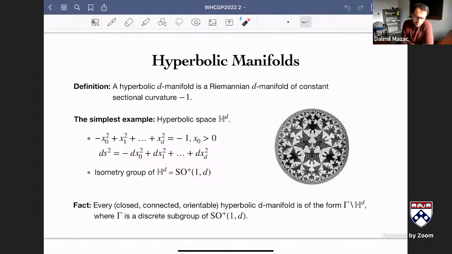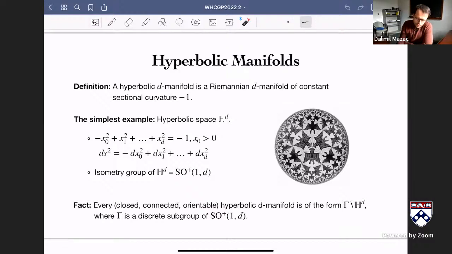The group of orientation-preserving isometries of hyperbolic d-space is the connected component of the identity in SO(1,d). SO(1,d) just acts linearly on the space of x_0 up to x_d, and it acts by isometries. Here's Escher's picture of the d=2 case.